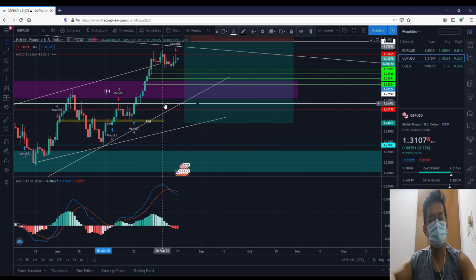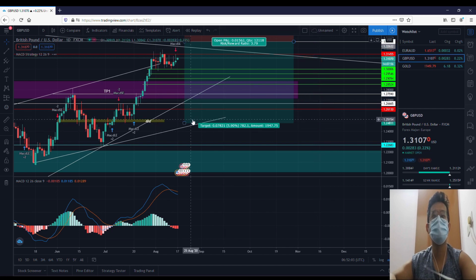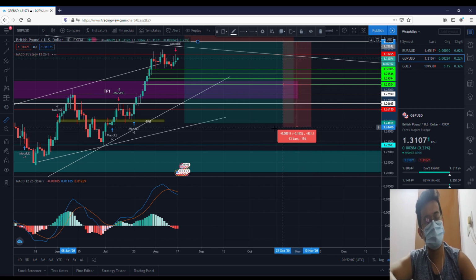Take profit two is 1.26702. Okay, that's 590 pips, 90 pips more. So the final take profit is very debatable, but this is my final on the 4-hour chart. 771 pips, baby.